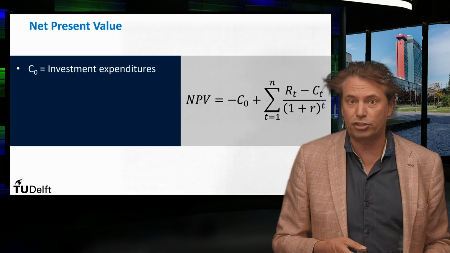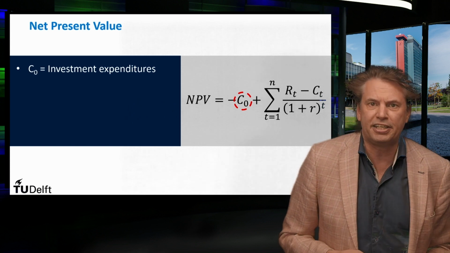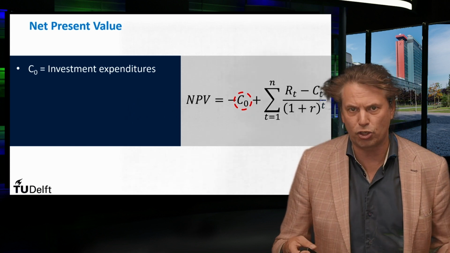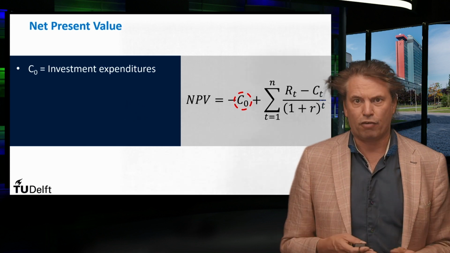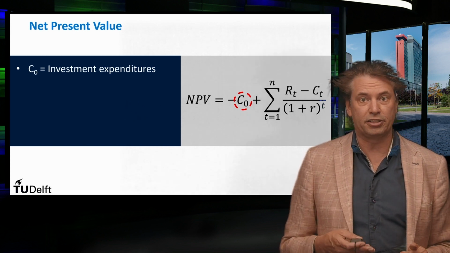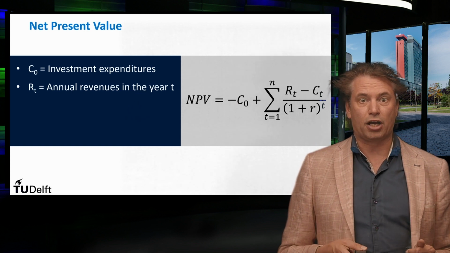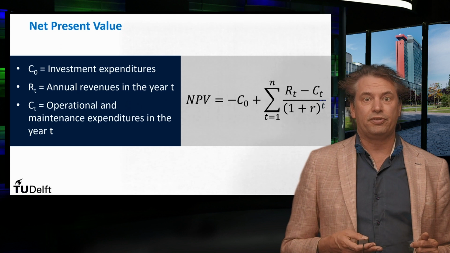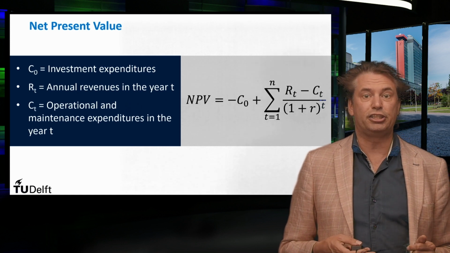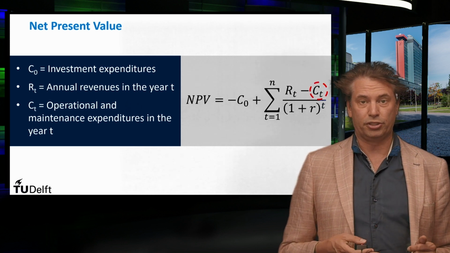The term C0 represents the initial investment costs, which are subtracted to the NPV value. Then, for every year T of operation, the annual revenues RT are added, and the operational expenditures CT are subtracted to the equation.